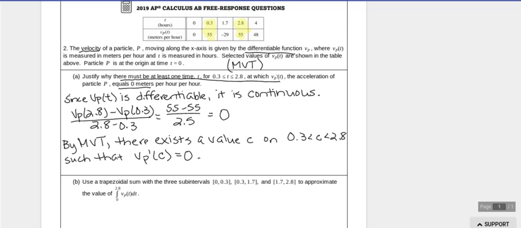So we can use a huge part of what's actually in the given sentence to help us write this explanation here, which is always a good thing.